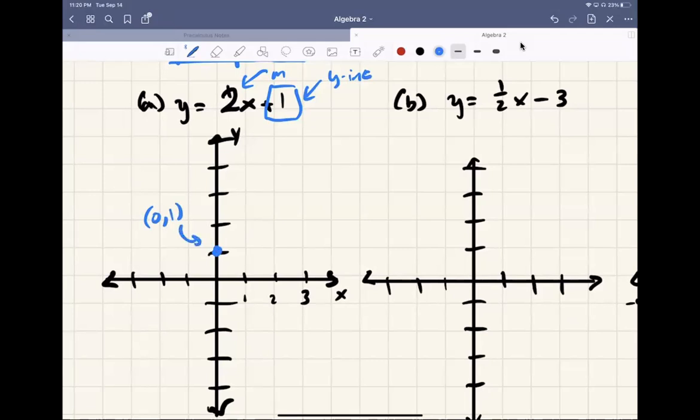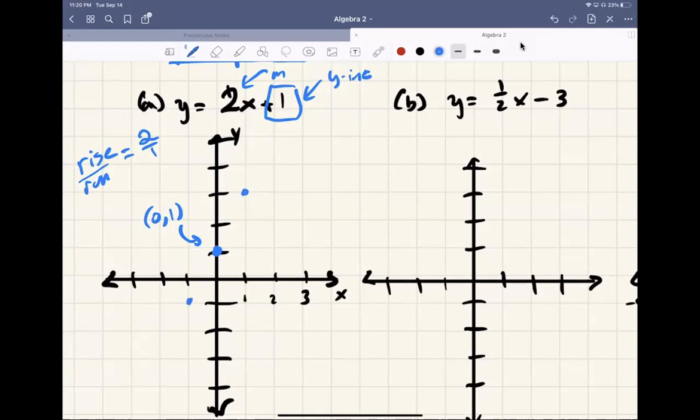And then we're gonna use our slope. Slope, remember, is rise over run. Whenever you have a whole number, like 2, the rise is 2 over 1. So to graph our line, you're gonna go up 1, 2, over 1. And so our next point is gonna be here. And same thing, you can go 1, 2, over 1.